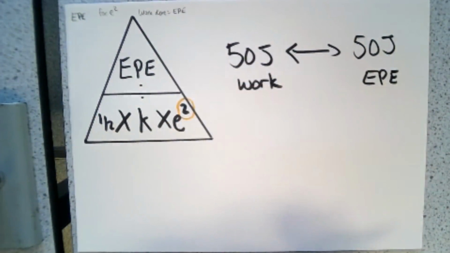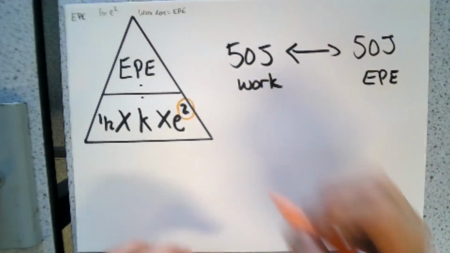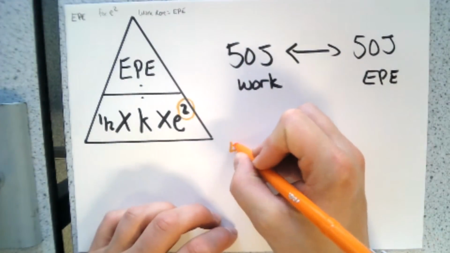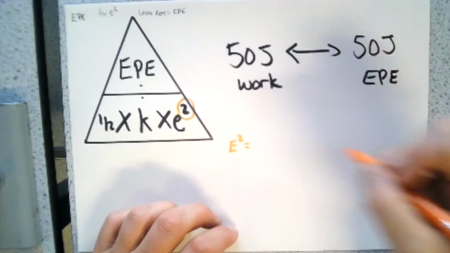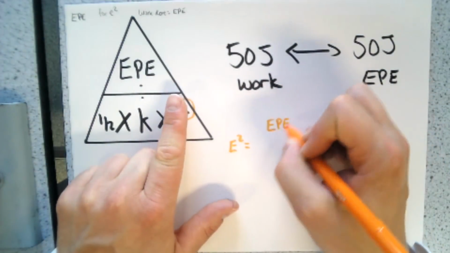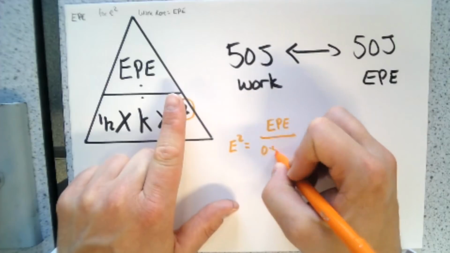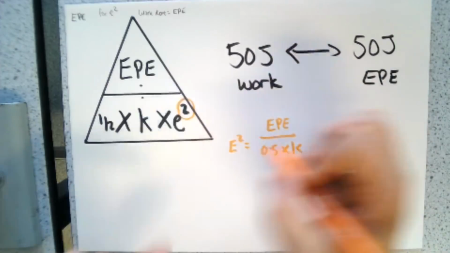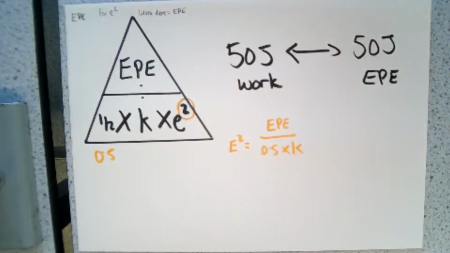So if you ever have to rearrange the equation to work out the extension, cover that up, it is elastic potential energy divided by 0.5 times spring constant. The problem is, whatever you work out there is the extension squared.